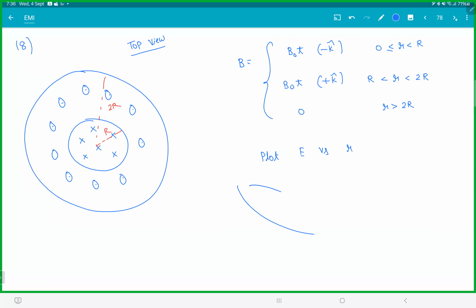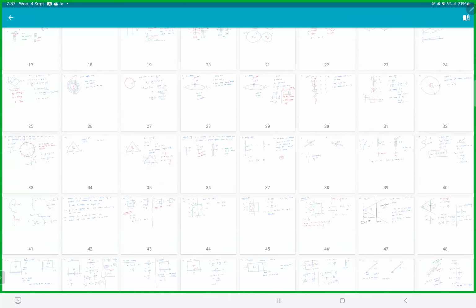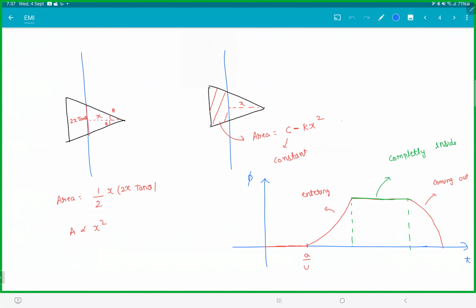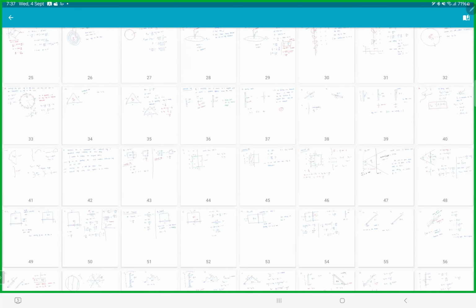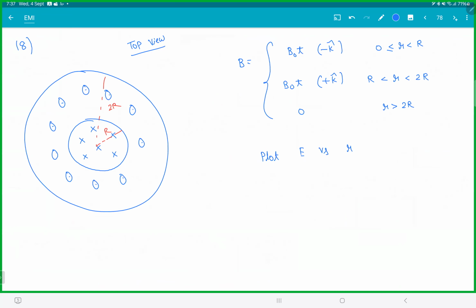Is it decreasing like this, or like this? Downward concavity or upward convexity, whatever you want to call it. Because in options they'll play with that every time. Everyone knows it is decreasing. Remember the first flux question, what we did? It was the same problem. Everyone knows when it is coming out, it is decreasing. But is it decreasing this way or this way? Shall I show you?